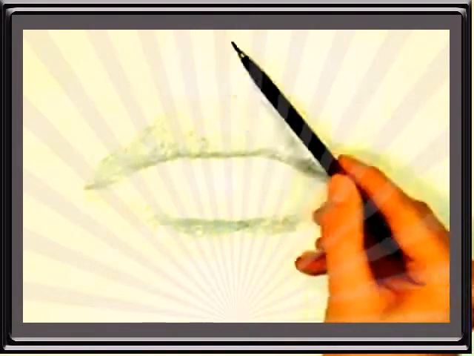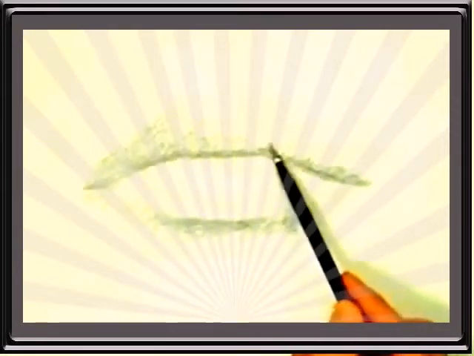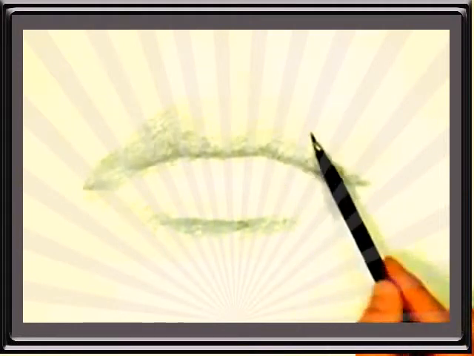Now, because sight is so integral to how we perceive reality, it's often difficult to remember that sight is just another sense, like touching or smelling. And it's important to remember the sensual aspect of sight to draw.